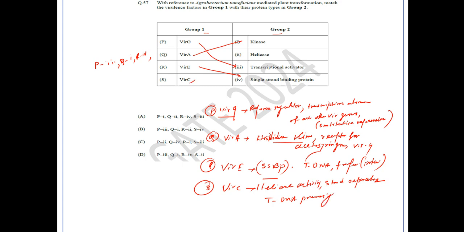So VirC has helicase activity, so it matches with option 2 of group 2. So S with 2. So if we see the options one by one, we will see that this one is wrong. This is also wrong. P2, this is also wrong. So P3, Q1, R4, S2, this is the correct option for this question.